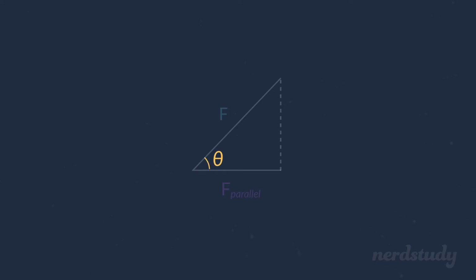If we know the angle between these two lines, then we can use trigonometry to find the magnitude of the force. We won't go through all the details here, but it's not too difficult to calculate that the parallel component is equal to the magnitude of the force times the cosine of the angle.